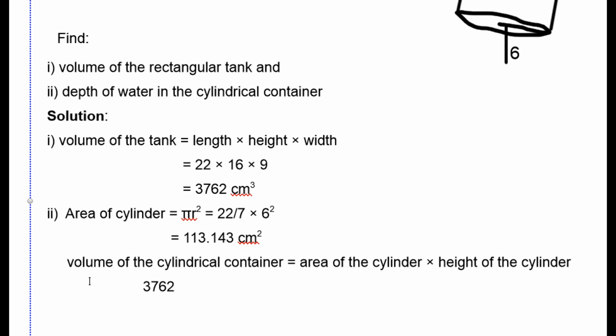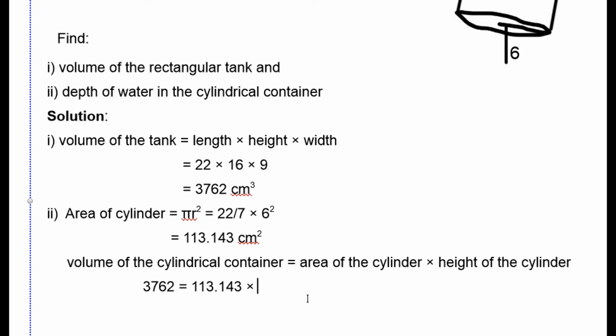So the volume of the cylindrical tank will be 3762, which is equal to the area of the cylinder, 113.143, times the height, which we are asked to find, which is the depth of the water in the cylindrical tank.